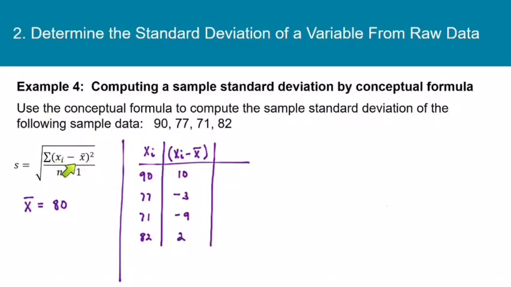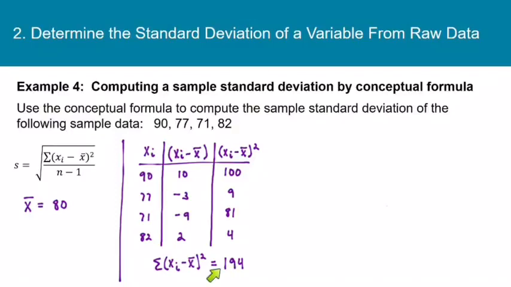And then the formula says we should square each of those deviations. So 10 squared is 100, negative 3 squared is 9, negative 9 squared is 81, and 2 squared is 4. And then the formula says we should sum the squares. So we'll add all of the numbers in this column together, and the sum of that third column is 194.